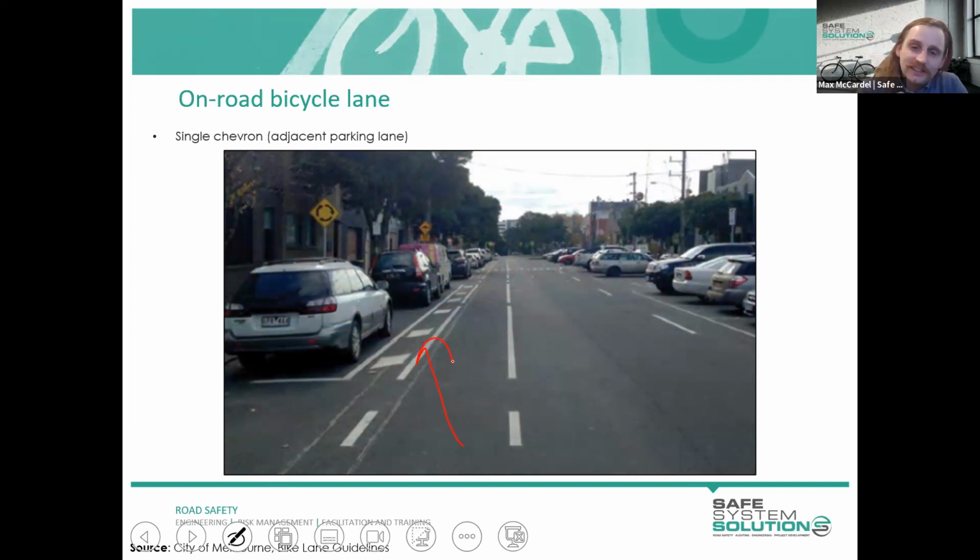You might do this in locations where there's a relatively high turnover of vehicles within the parking lane. In other words, it could be a time zone, maybe there's a 2-hour limit there or something like that, which means you've got a lot of vehicles opening their door, and this risk is seen as higher than a vehicle just entering the bicycle lane from the live traffic lane.